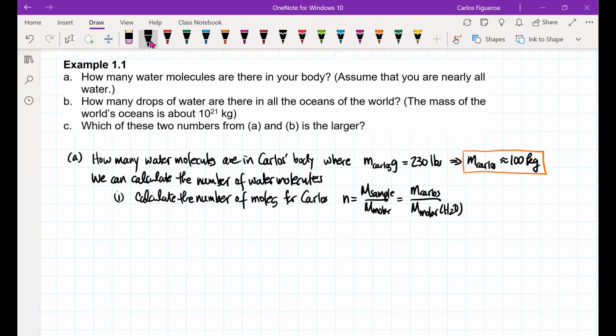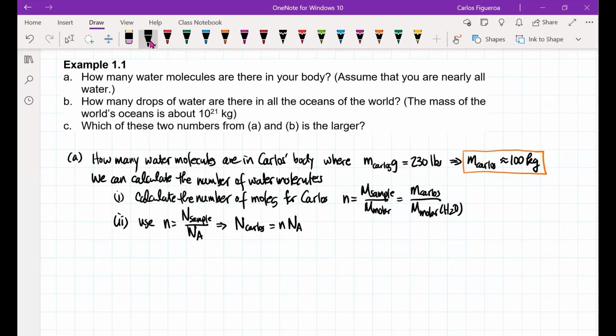And now that I have the number of moles in Carlos, I can use n equal to the number of particles in that sample divided by Avogadro's number, which is also the same as the number of water molecules in Carlos equals the number of moles times Avogadro's number. So the big deal is calculating the mole number.